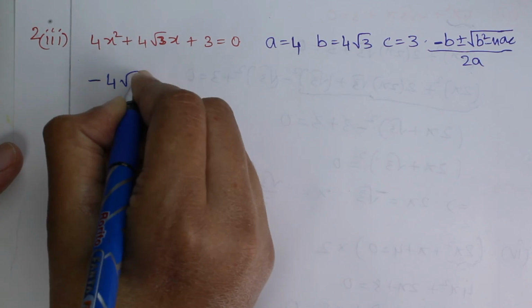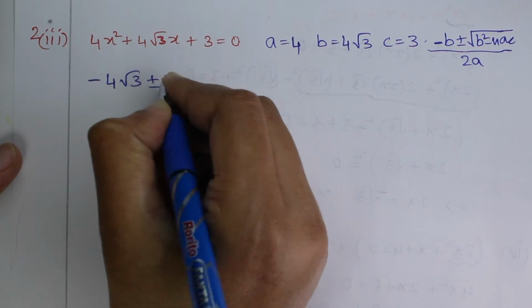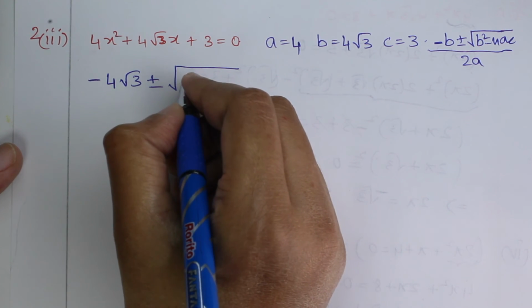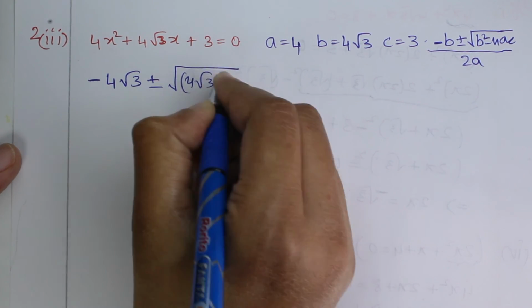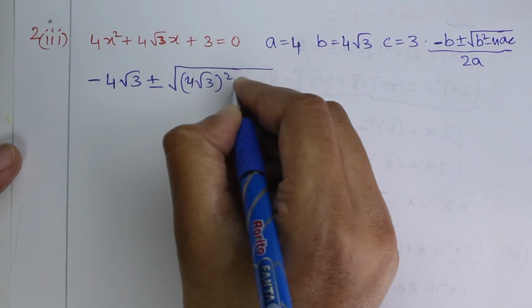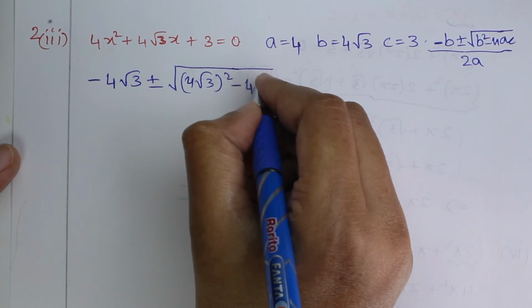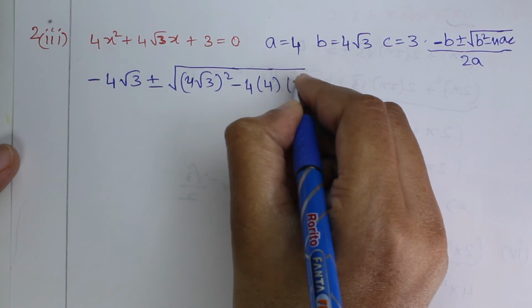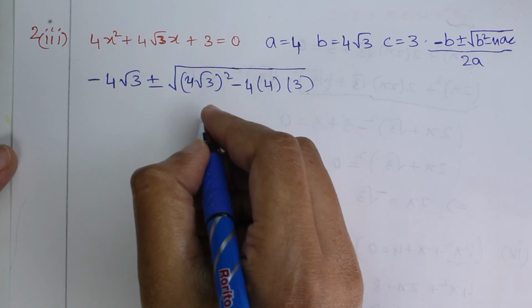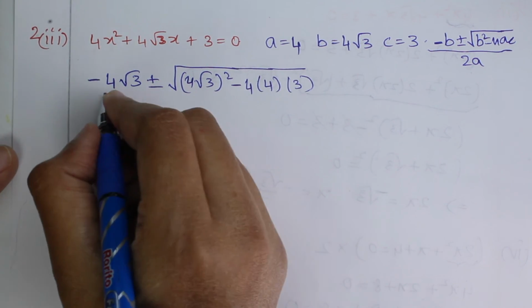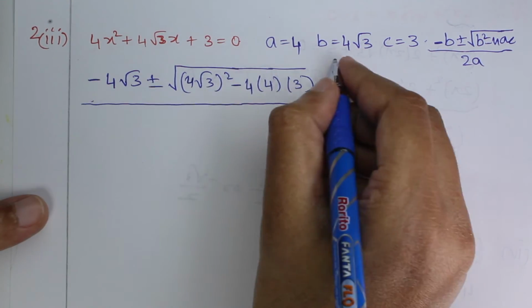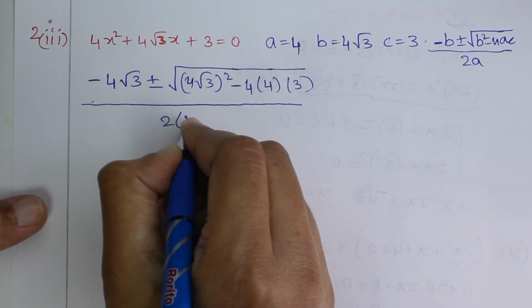Minus 4 root 3 plus or minus square root of b square is 4 root 3 whole square minus 4 into a is 4, c is 3, divided by 2a, that is 2 into 4.